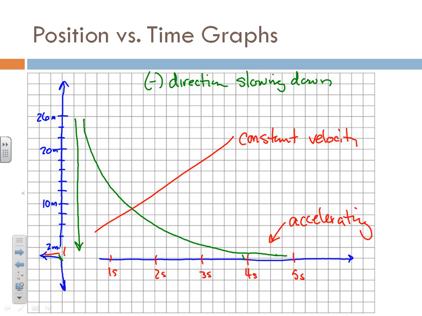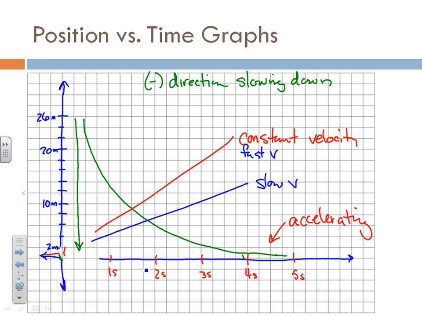Depending on the shape, something could be going faster or slower depending on your slope. When you have a small slope, or it's not very steep, then you have a slow velocity. And when it's steeper, it's a fast velocity.